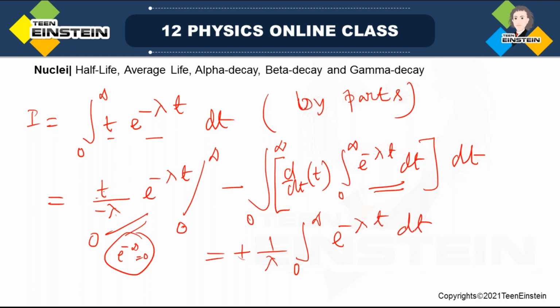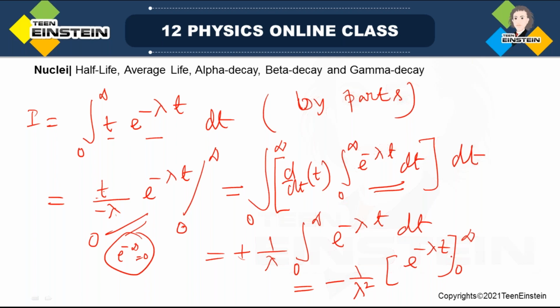Again you have to integrate this term, with minus lambda t. It will give you minus 1 by lambda square, and you put the limits 0 to infinity.